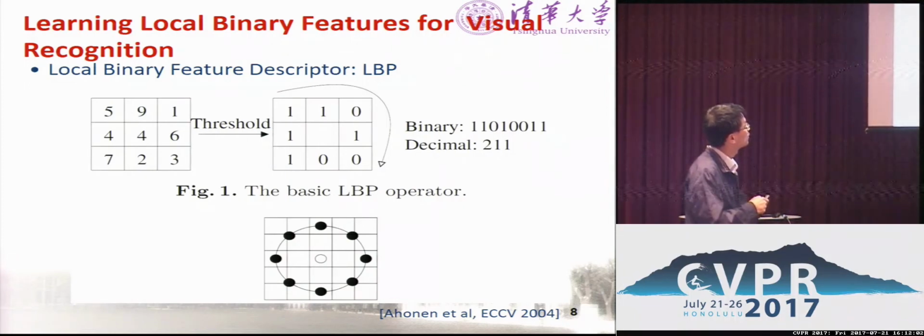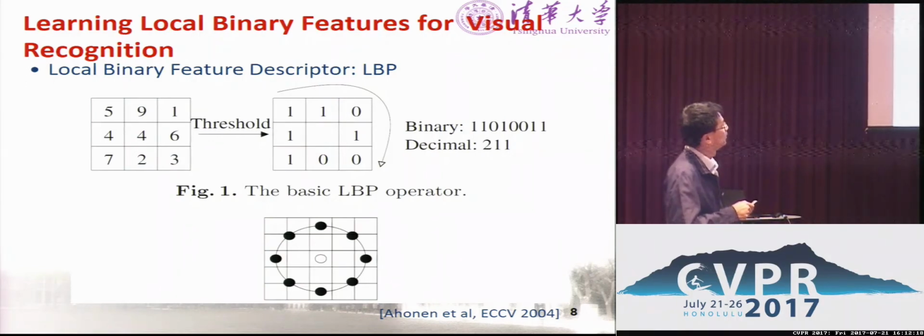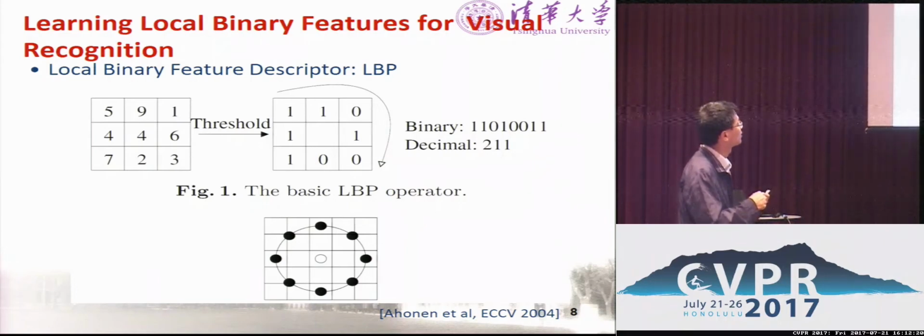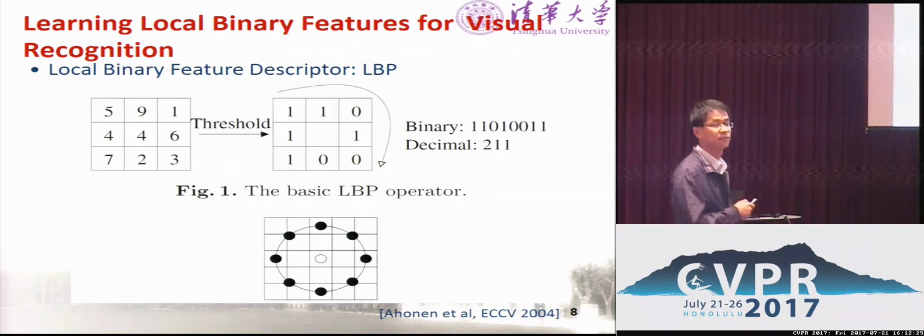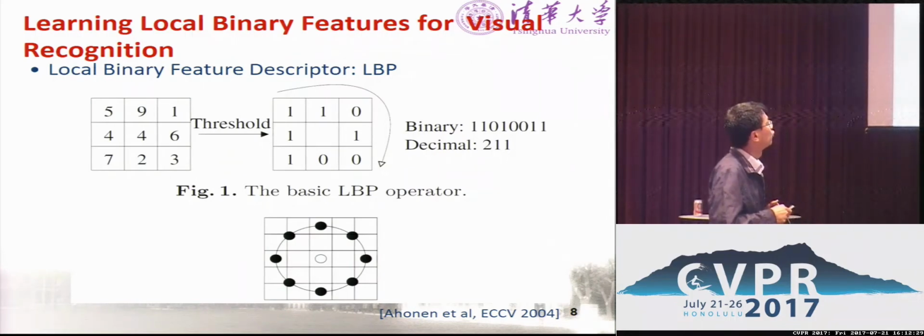If the difference is larger than 0, then we get a 1 code for this element. Similarly, this is 1. This is 0 because 1 is smaller than 4. So we can get a binary stream around this part. If the size is larger, we can get many binary elements around these blocks. So we can get a binary stream for this patch.